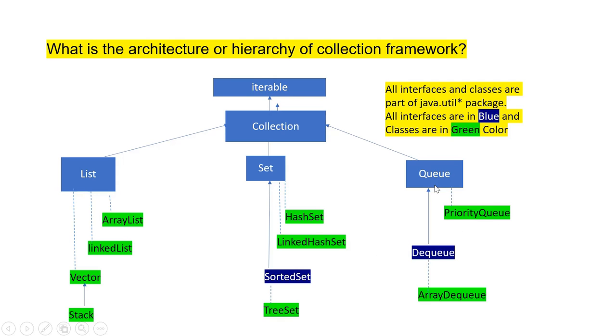There is an interface like Deque that extends the queue interface, and the classes that implement the queue interface are PriorityQueue and ArrayDeque. So this is the complete hierarchy of collection framework, and the complete collection framework is based on that only. Let's move further. And one more thing, all these interfaces and classes are part of the java.util package.